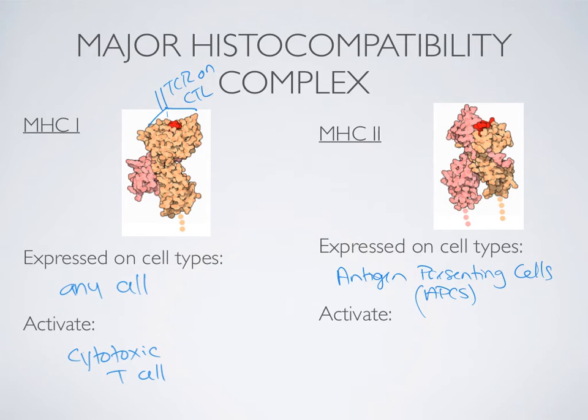They're sampling extracellular antigens, right? They're constantly phagocytosing particles from their environment. And then they take those, they phagocytose them, they process them, they load them up onto MHC2, and then they put MHC2 on the surface of the cell. So antigen-presenting cells are specifically presenting antigens that have been phagocytosed from their local environment.